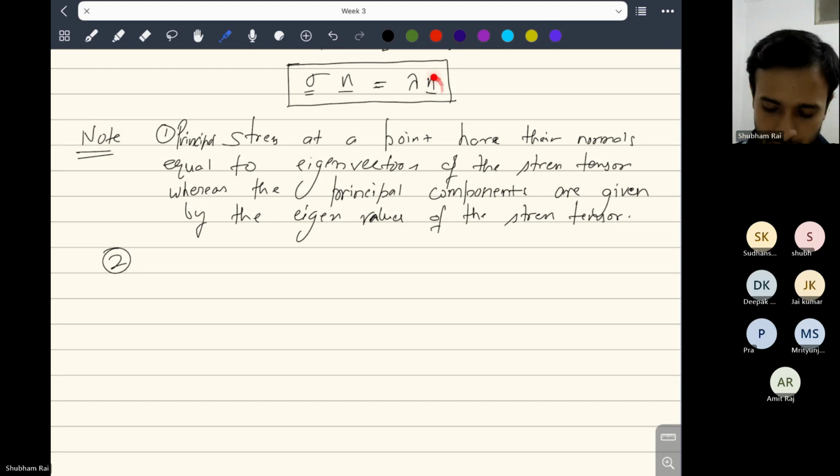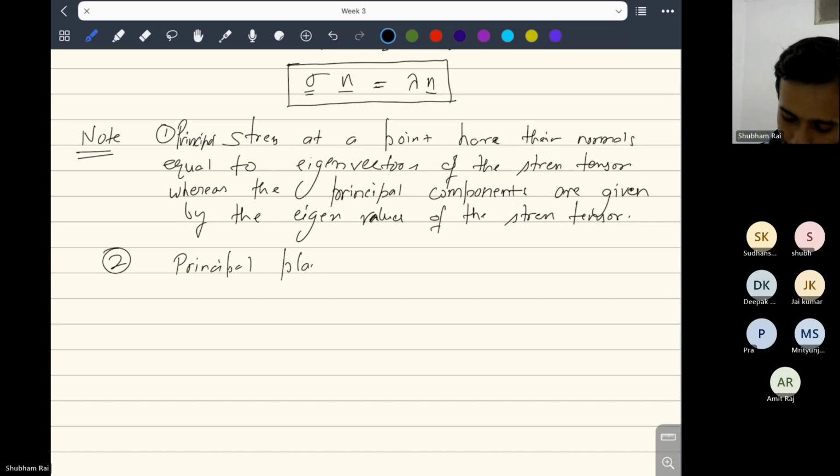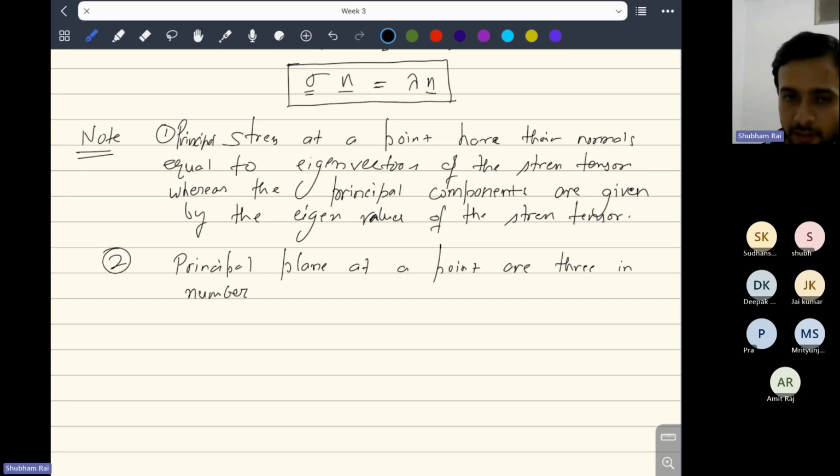So at most, there are three eigenvectors and three eigenvalues. So we can say that there can be at most three principal planes at a point. Principal planes at a point are three in number, and they are perpendicular to each other.